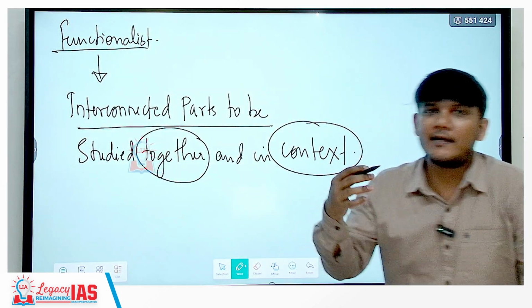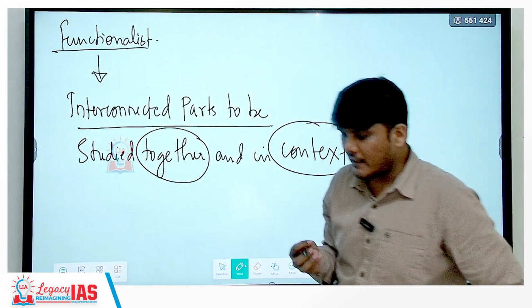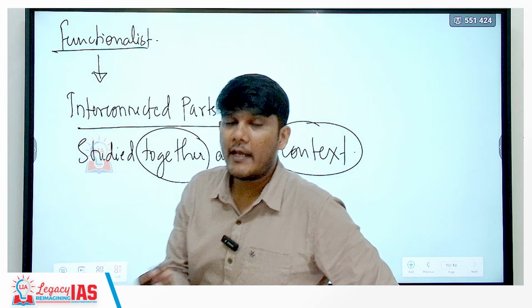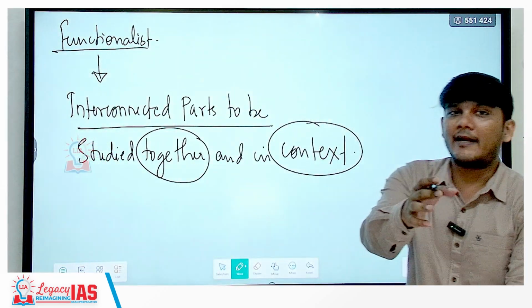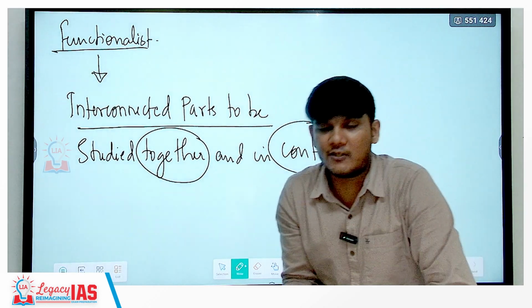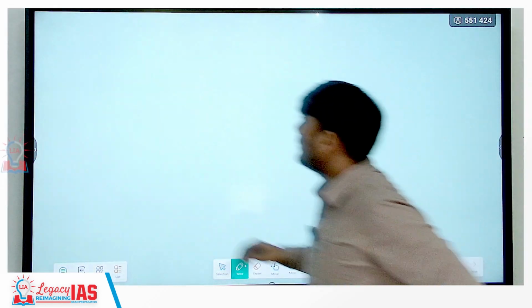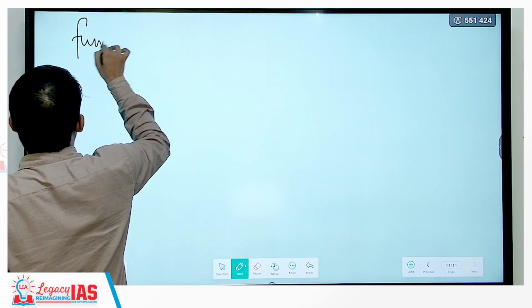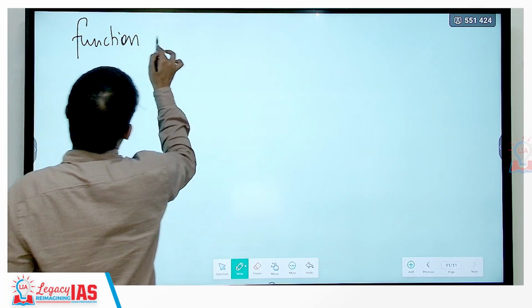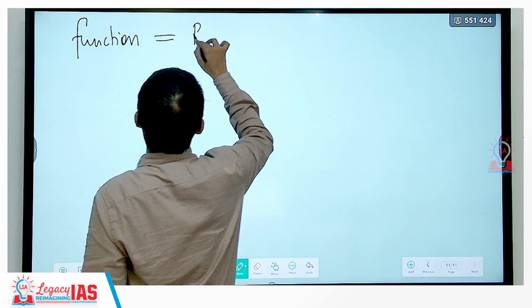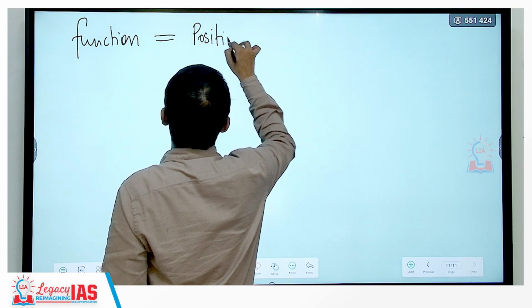Also, what I mentioned was that they would look at everything in a positive way. Positive is not the right word. What I said is that, in a functionalist way, everything has some function or the other. Why is this function equivalent to a positive thing?